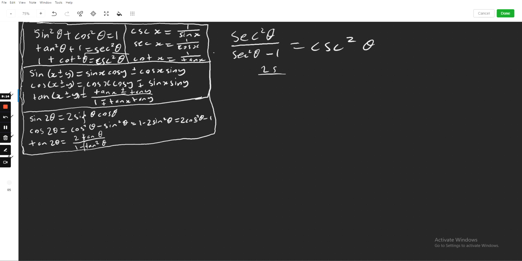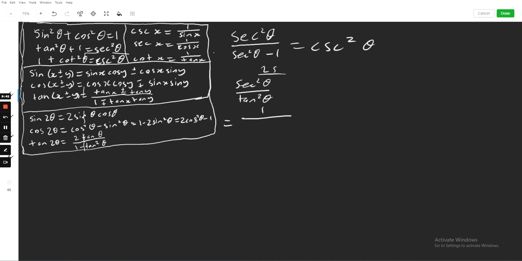We can make the denominator tangent squared theta using the Pythagorean identity of tangent squared theta plus 1 is equal to secant squared theta. So this would become secant squared theta over tangent squared theta. Okay, well, we can move all of this down.